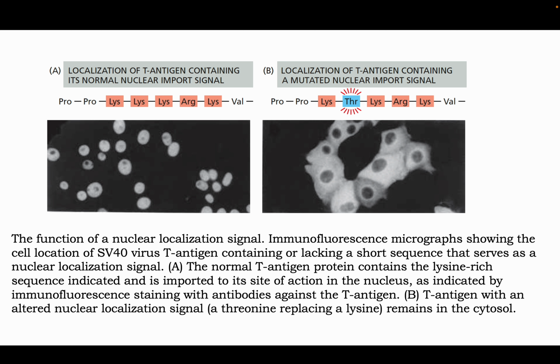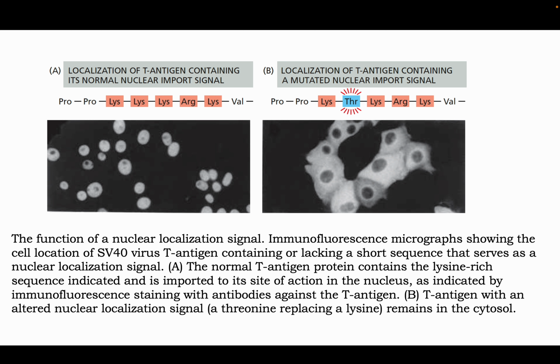This is the SV40 virus T antigen, which helps in transcription activation or enhancement, so it should be inside the nucleus. They found a short peptide sequence, lysine, lysine, lysine, arginine, lysine, which helps in localizing this protein inside the nucleus. At that time it was discovered that this is a nuclear localization signal.